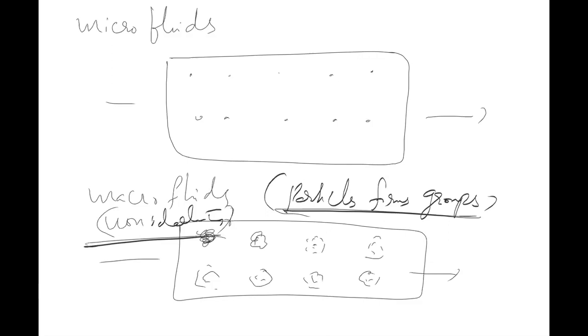It depends upon the fluid type. So you can't avoid forming groups. This is the nature of the fluid, but you have to account for this non-ideality. In a microfluid there are no groups, particles will behave freely. Macrofluid means particles form groups.